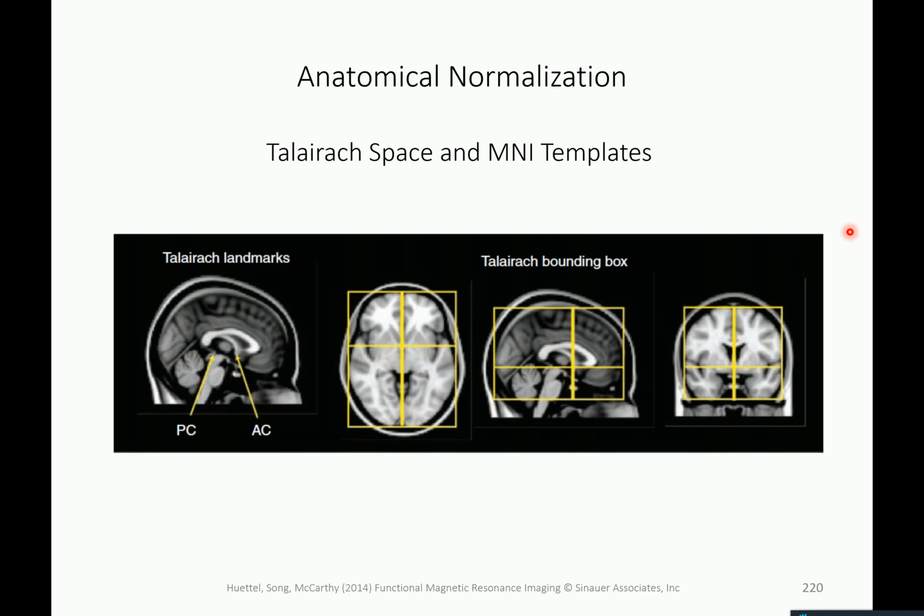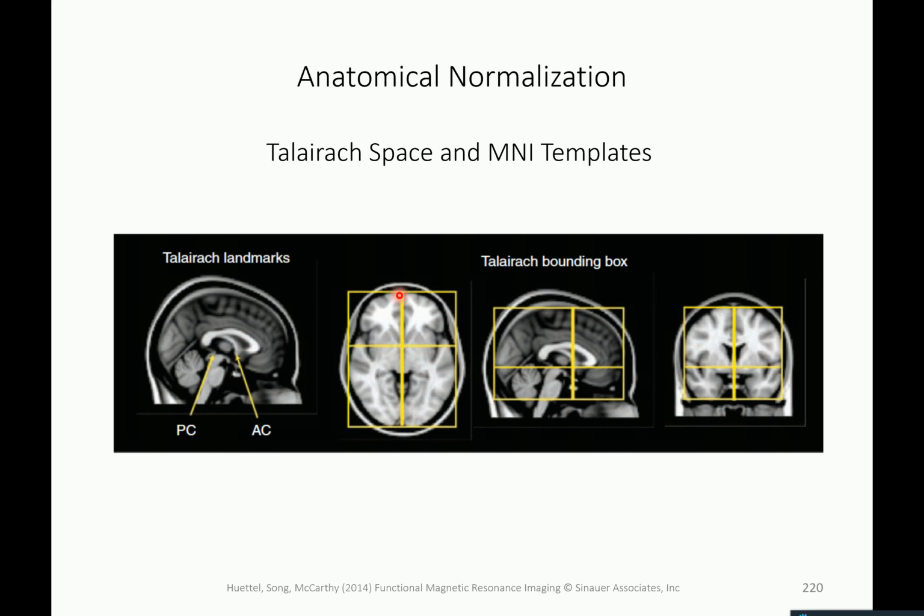So how does it look? This is what it means. Talairach space is defined as follows. Here you have the anterior commissure and the posterior commissure. This is the origin of the Talairach space, the 0, 0, 0 point. Then Talairach space extends until the borders of the brain, and that's essentially it.